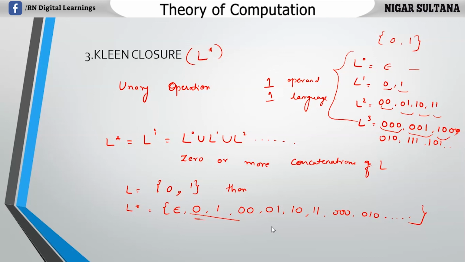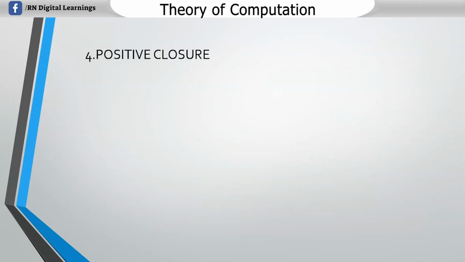Now let's see another operation, that is positive closure. First, I would like to say what is the difference between the Kleene closure and the positive closure. There we were including the epsilon, but here we are going to exclude the epsilon. Let's see how to denote this. This is denoted by L plus. This positive closure is the same as L star, but the difference is there is no epsilon.